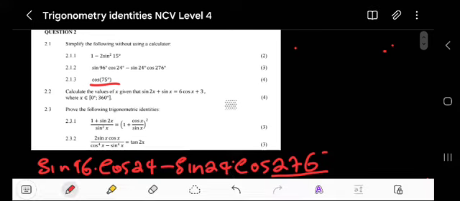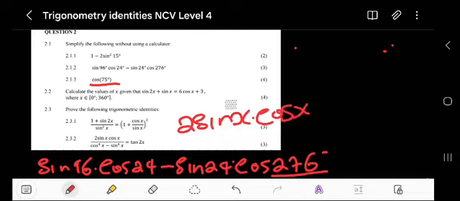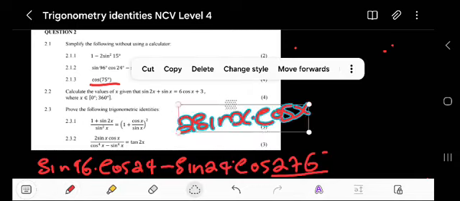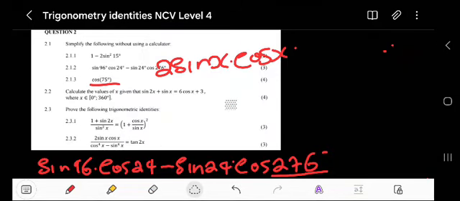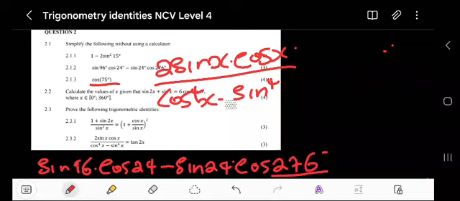Let us prove another one. 2.3. We have that 2 sine x multiplied by cos x, all over cos to the power 4x minus sine to the power 4x, will be equal to tan 2x.